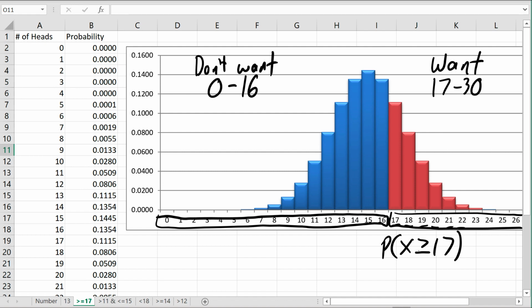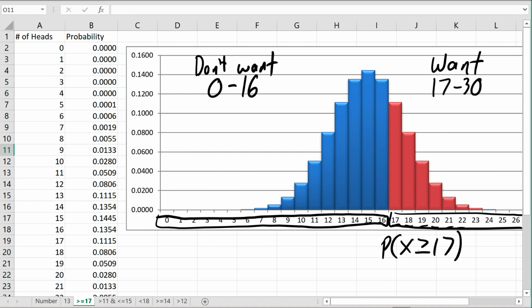So 17 or more successes. We don't want 0 through 16 successes. But the Binomial CDF function won't find us the probability that X is greater than or equal to 17, not directly. But what it can find us is the probability that we get 16 or fewer successes, the opposite, the things that we don't want.